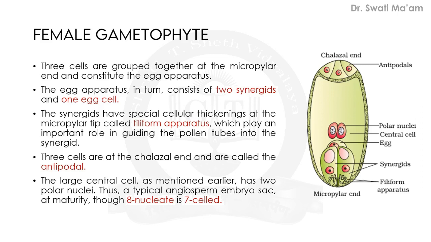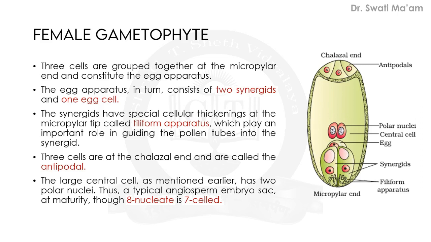If we see the detailed structure of the embryo sac, let us see the first point. The 3 cells are grouped together at the micropylar end and constitute the egg apparatus. Just now I was telling you, these 2 are known as synergids, 1 and 2. And this one at the back is the egg cell.